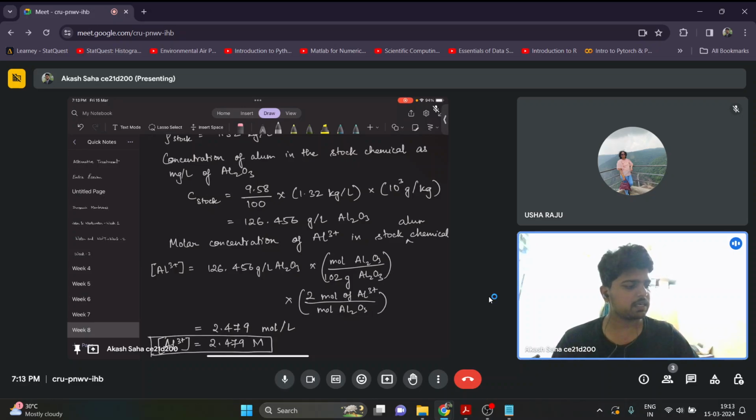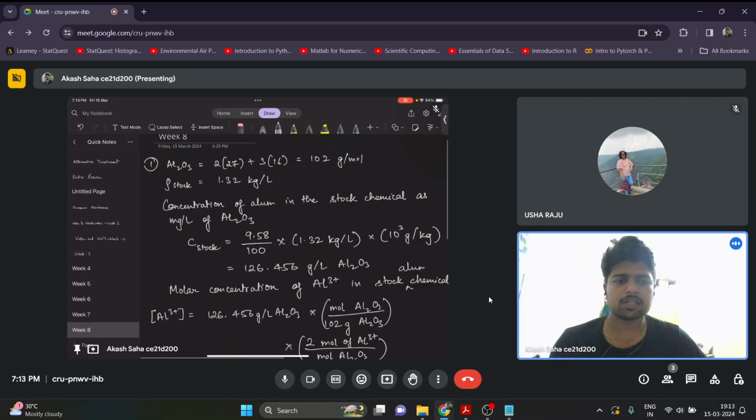I hope it is understandable. First we calculate the concentration of alum in the stock chemical, which is nothing but the percentage into the density and the unit conversion, so we get it in gram per liter of Al2O3.